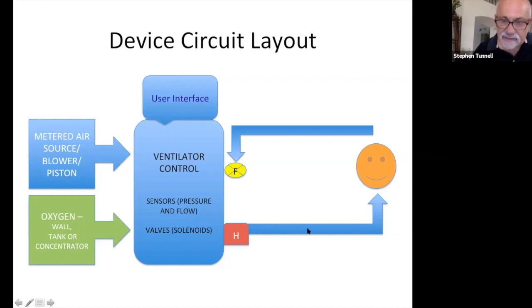The gas goes in the inspiratory circuit. On the way to the patient, it flows through a humidifier. We'll talk about humidifiers in a minute, but there are sources of humidifiers that are quite nice. The humidifier, as the name says, adds humidity to the gas.